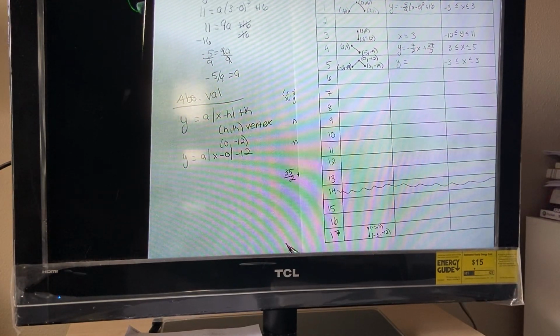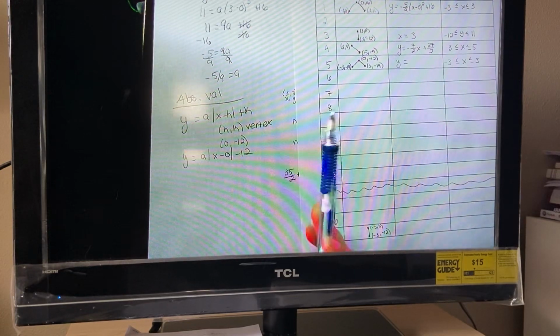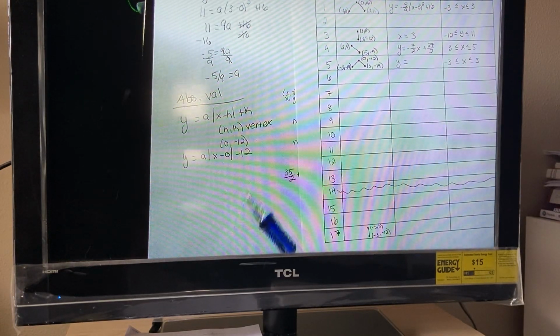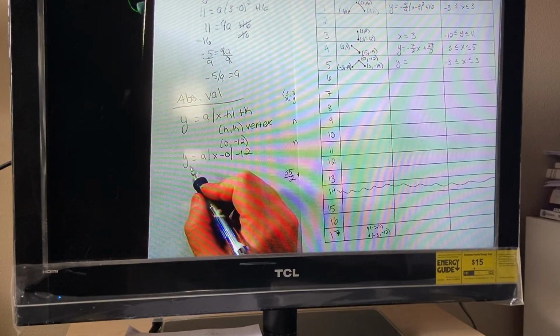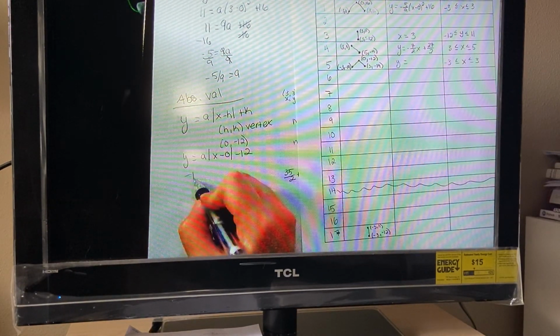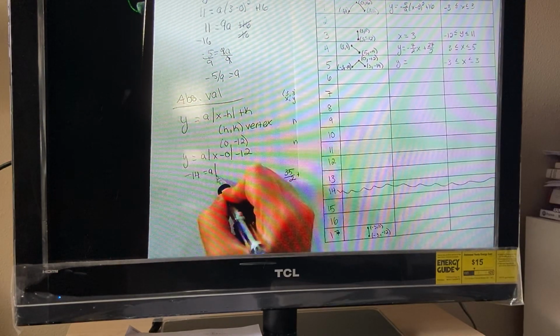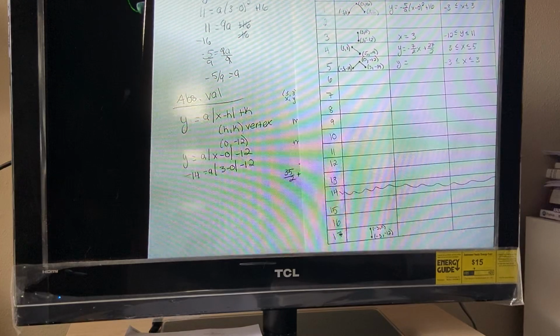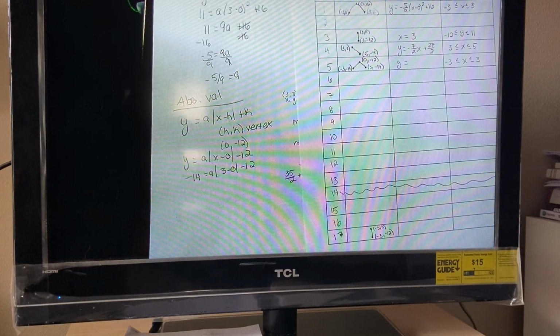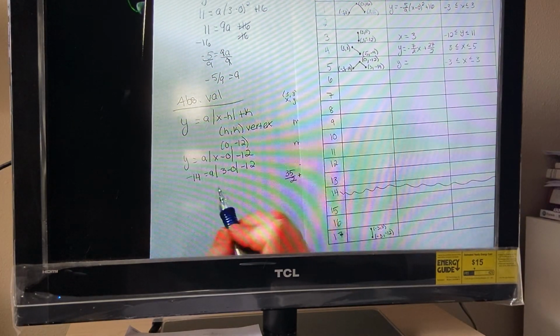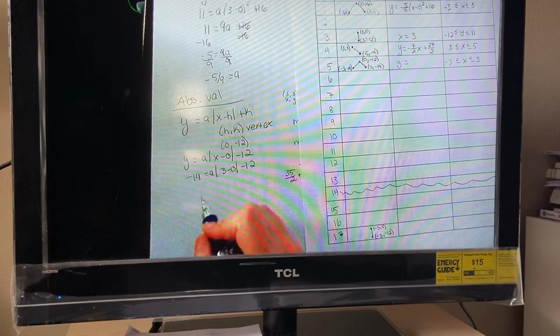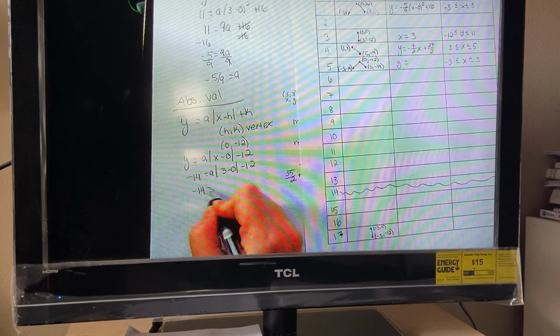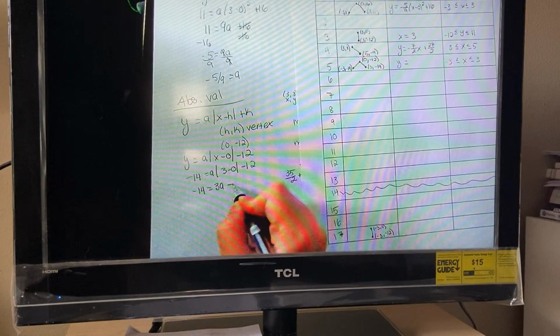It doesn't really matter because the absolute value is gonna fix this, but I'm gonna try the positive x, so negative 14 equals a times the absolute value of 3 minus 0, minus 12. 3 minus 0 is 3, and the absolute value of 3 is 3, so negative 14 equals 3a minus 12.